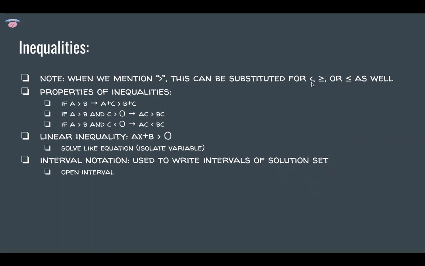Since it's a strict inequality, it's an open interval between -3/2 and infinity. And infinity is always written with an open interval. And the other type is a closed interval. So if it were x is greater than or equal to -3/2, then we would write it with a square bracket. This is a closed interval. Like this.